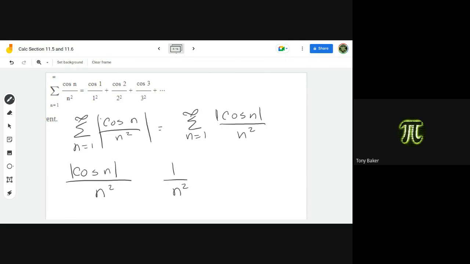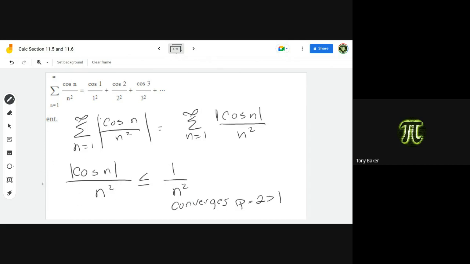Cosine's going to be always less than, right? The absolute value of cosine of n is less than or equal to 1, because cosine is between 1 and -1. So that would be like that, right? The order of that is important, because if it goes the other direction, then we're looking at something different. This series right here, I know converges because p is 2, which is greater than 1.